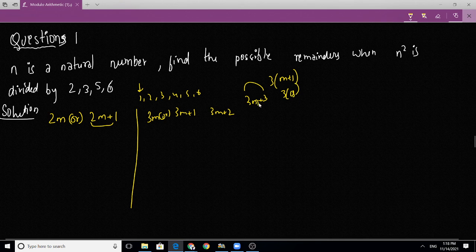And 5 can be written as 5m, 5m plus 1, 5m plus 2, 5m plus 3, 5m plus 4, and then 6 can be written as 6m plus 1, plus 2, plus 3, plus 4.